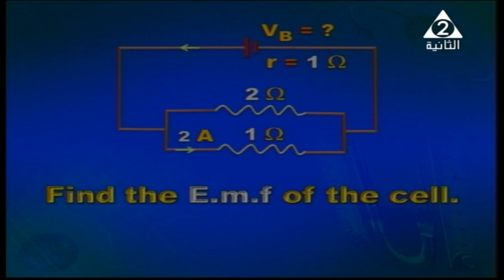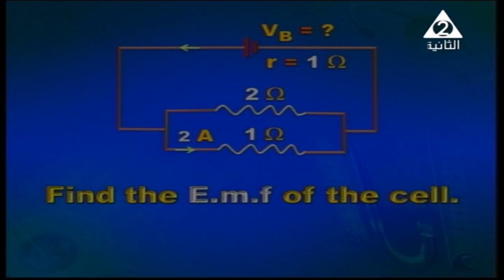Voltage across the 2 ohm will also be 2 volts. Knowing the voltage and the resistance, we can calculate the current. So the current through the 2 ohm resistor will be 1 ampere. 1 ampere plus 2 amperes will give the total current. Total current multiplied by the total resistance will give the V battery.